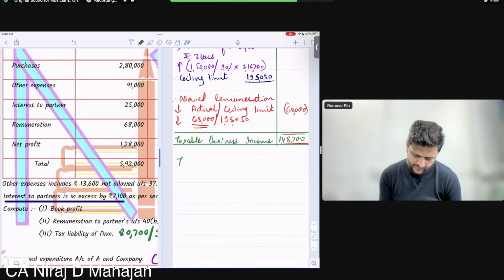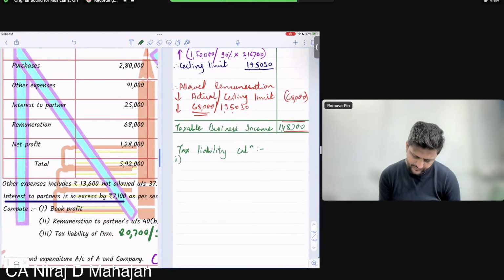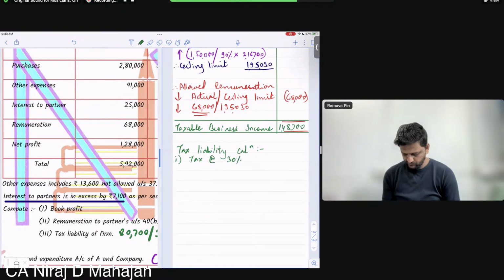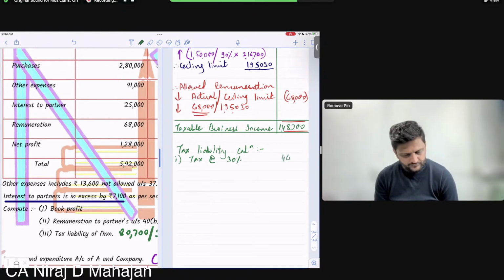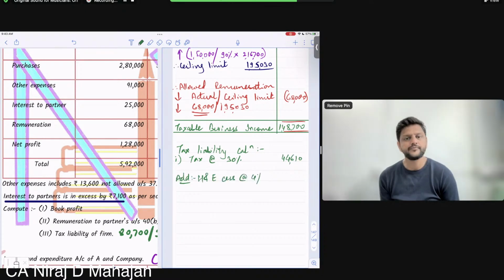And tax liability calculation. First, same thing. I mean, taxable income you have tax at the rate of 30%, na bachcho? Yes, Chelia? Check how much it comes to. 40/610, is it right? But add over there what now? Health and education cess. Is it right, bachcho? At the rate of 4%. Yes? Comes to 1784.4 something. 1784.